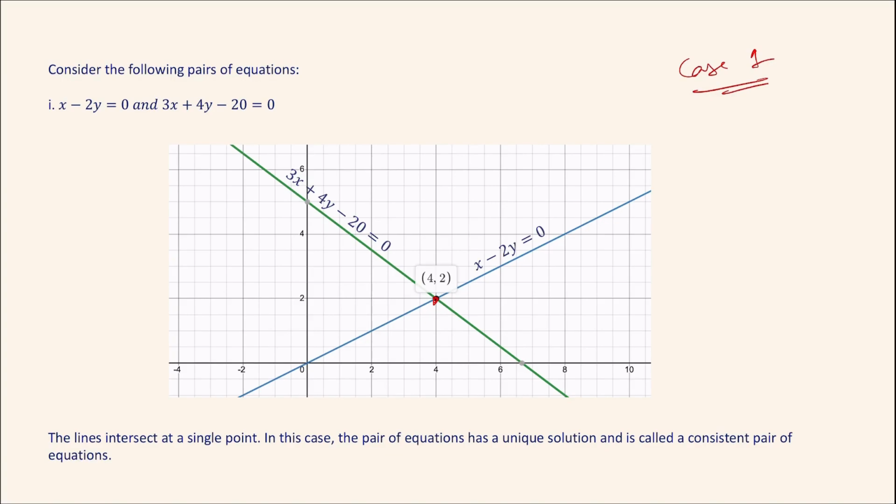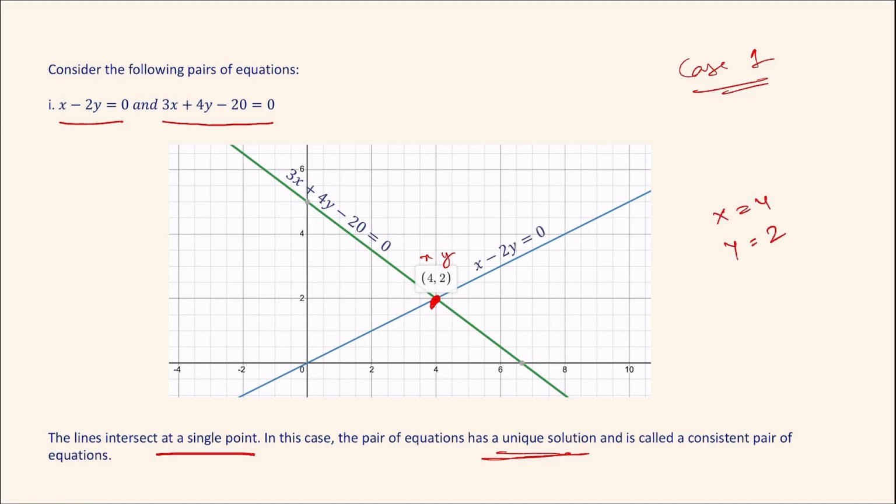We have an example here, x minus 2y is equal to 0, 3x plus 4y minus 20 is equal to 0. And these two lines intersect on the graph at the point x is equal to 4 and y is equal to 2. So it is written that the lines intersect at a single point, which we can see here. In this case, the pair of equations has a unique solution. The unique solution is x is equal to 4 and y is equal to 2.